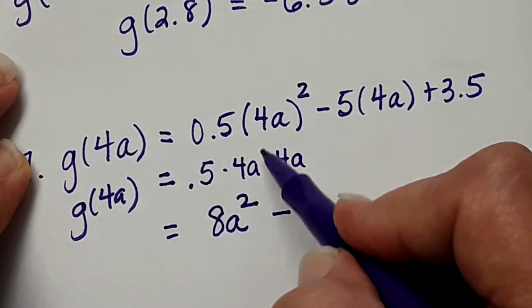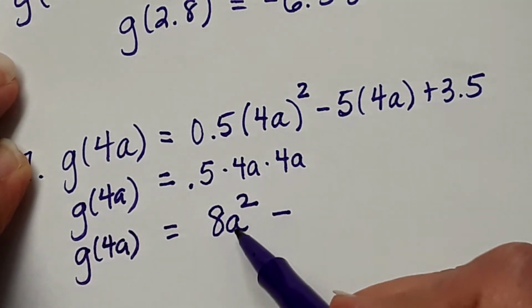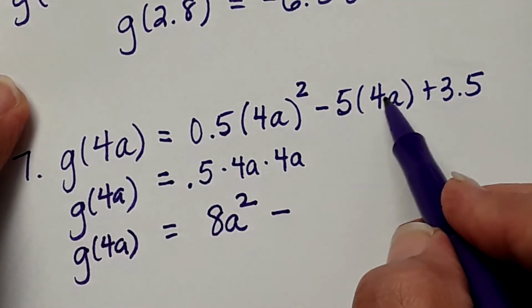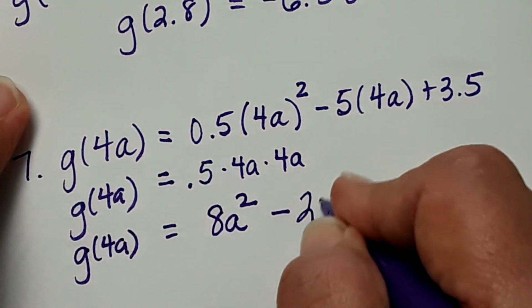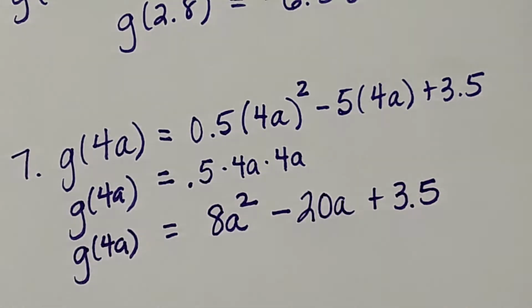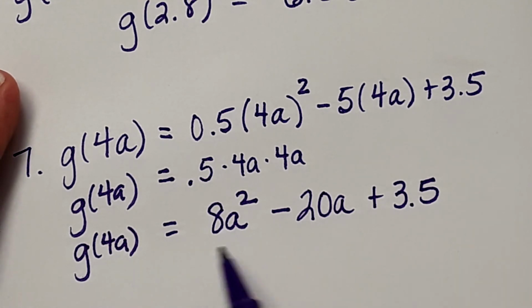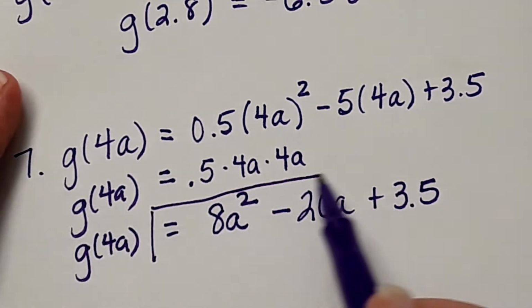Minus, so I just showed you this again, okay? You don't have to write this step. I'm just showing you how I got 8a squared. 5 times 4a is 20a, and then plus 3.5. That's your answer. That's all you can do, you guys. This is your final answer. So when x is 4a, this is your answer right here.